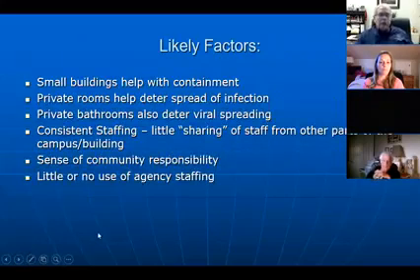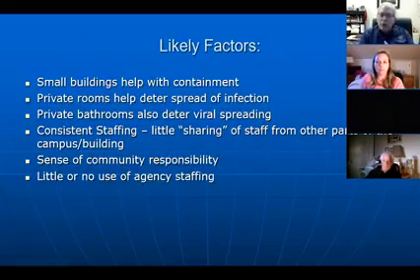Next slide, please. The small buildings help with containment. You only have 10 elders in one house. If you look here in Pennsylvania, the facilities that have had significant outbreaks have been the facilities that have 150, 300 beds.